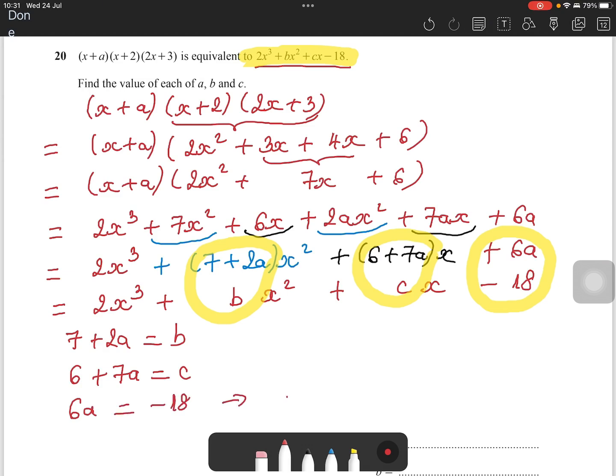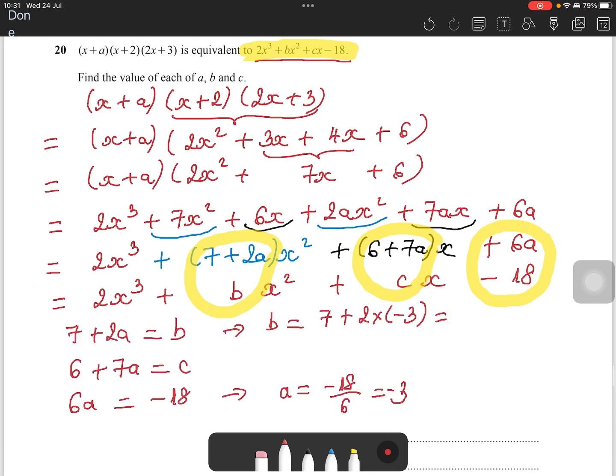From the third expression, a is equal to negative 18 divided by 6, which equals negative 3. And b is equal to 7 plus 2a, and your a is negative 3, so 7 minus 6 equals 1.